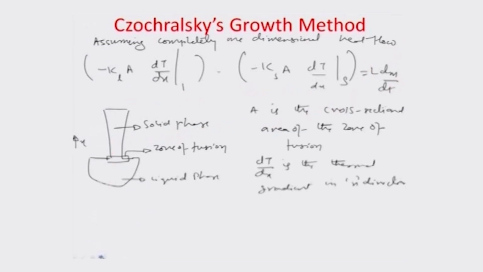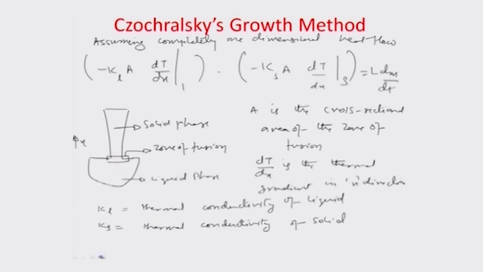So, that is really what this Czochralski process is about. dT/dx of course is the thermal gradient in the x direction, either from the liquid to the zone of fusion, or from the zone of fusion to the solid, and K_L and K_S are respectively the thermal conductivities of the liquid state and the solid state of the silicon.